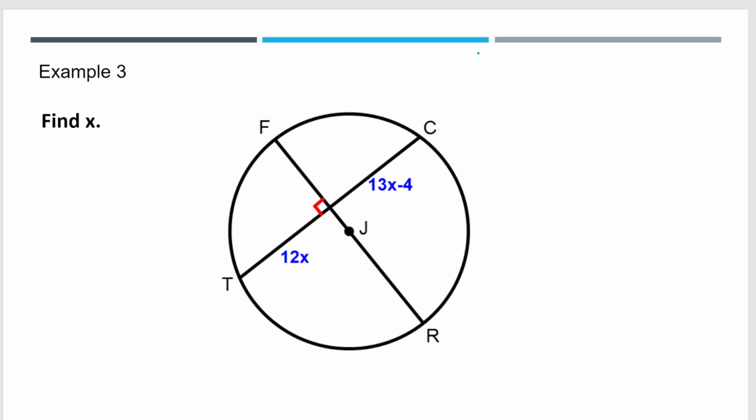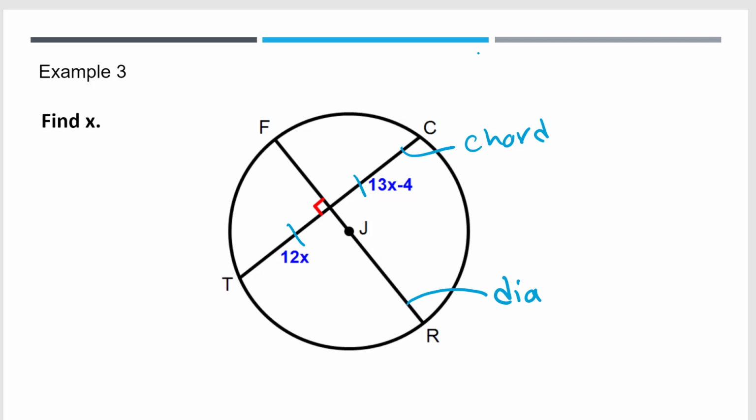Example 3. So we have a circle, we have a diameter, we have a chord. So that means that we have a diameter bisecting a chord, meaning that these two lengths are identical and congruent.